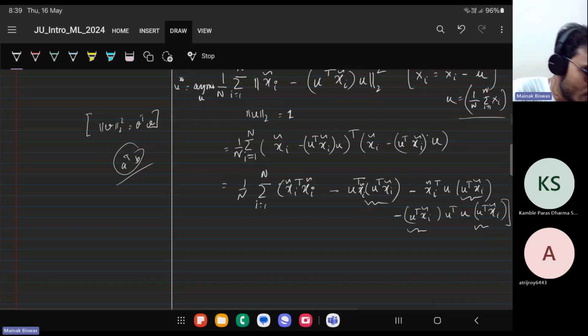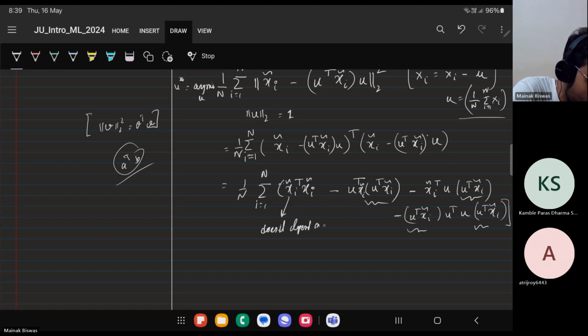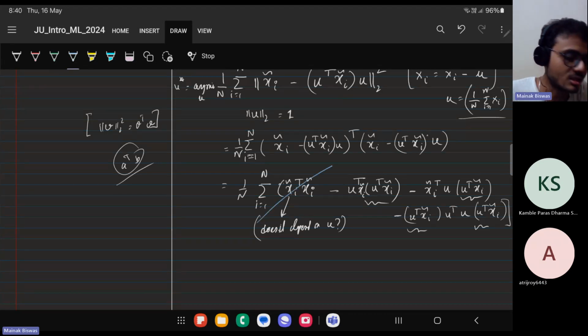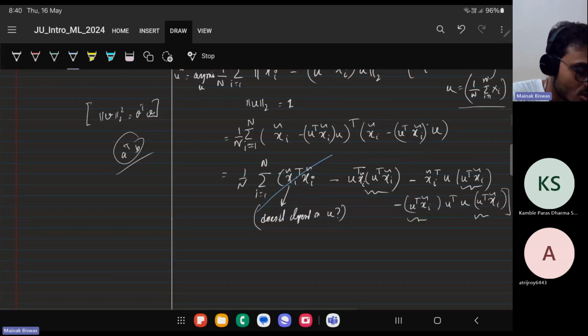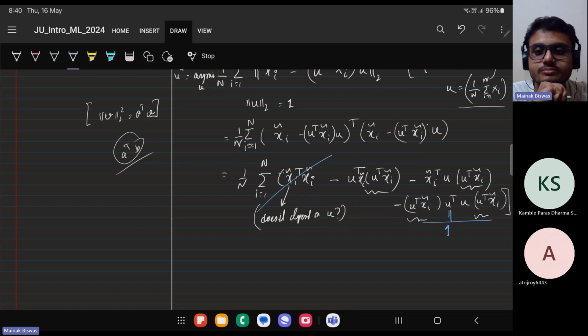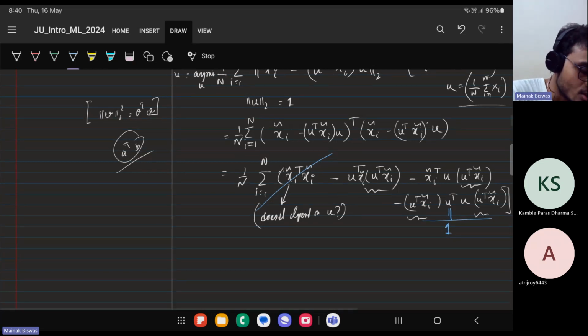Good. Now you tell me, this is a constant. Does it depend on u? No. So I can just drop this. We have seen this in calculus, constants are not required in optimization problems. Now this term, u transpose u, is 1, yes or no? Norm of u, yes, unit vector. Good.